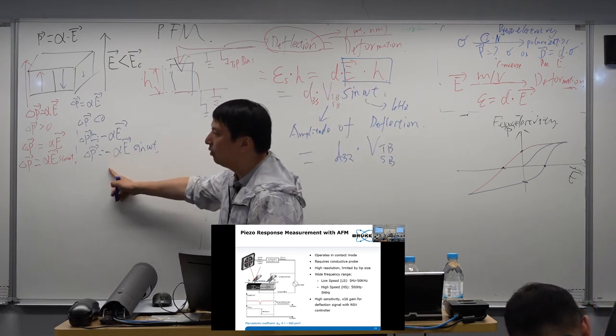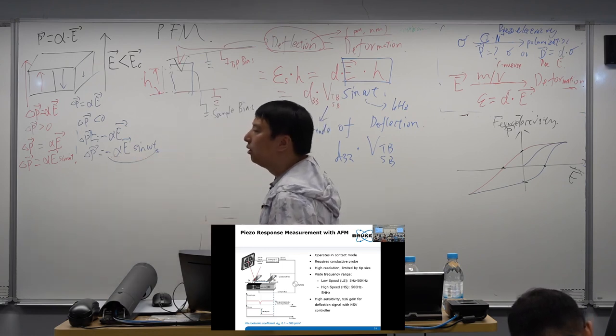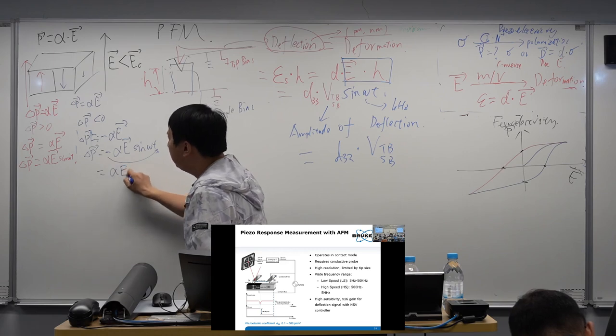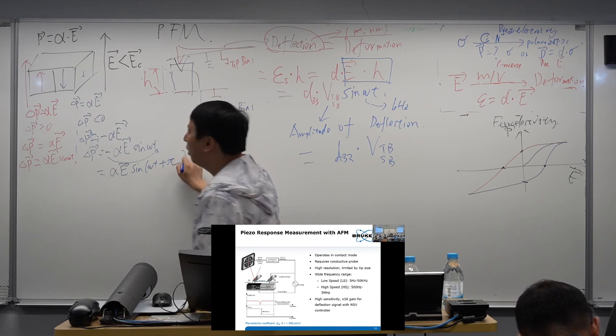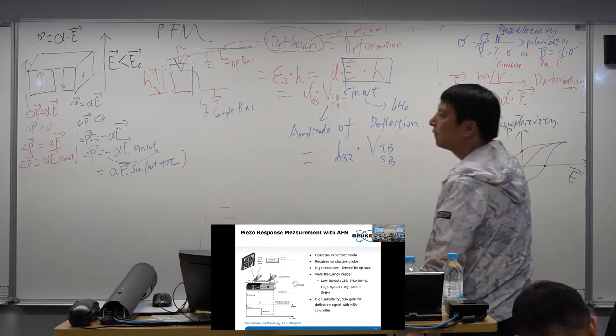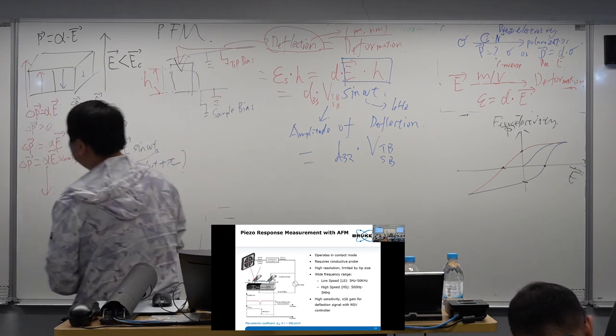Then I hate this negative, so I put this negative inside the sinusoid, to be alpha E times sine of omega t plus pi.